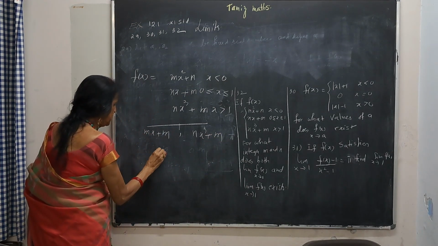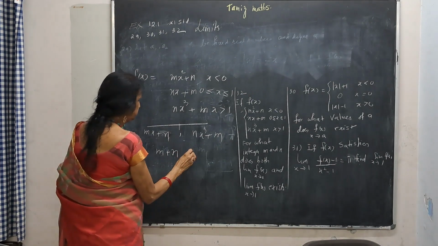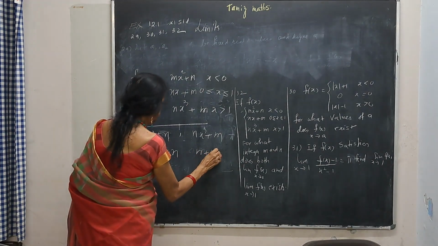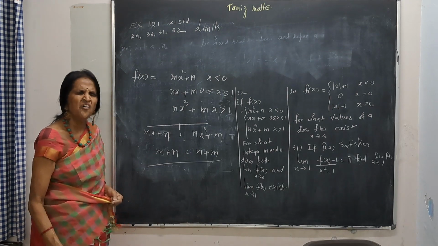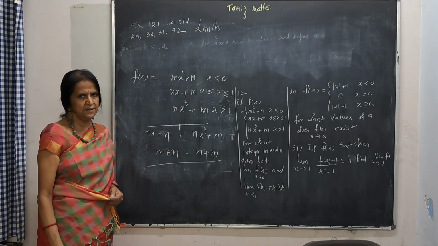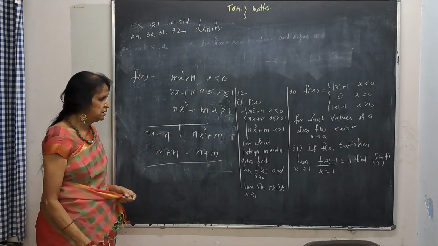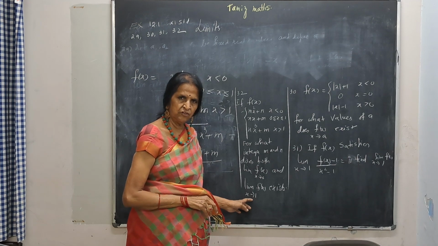The limit of this will be m plus n, and the limit of this will be n plus m. Both are equal. So the limit will exist for what? For any m and any n. So the limit x tending to 1 will exist for any n and for any m.